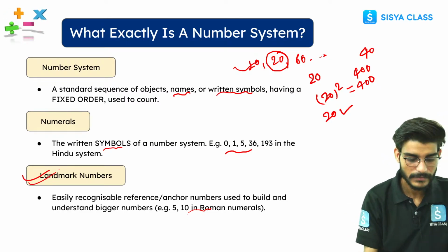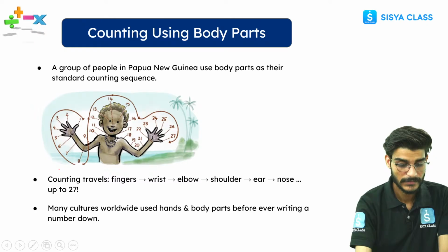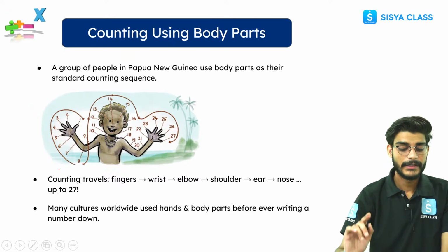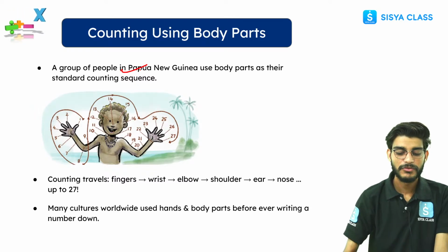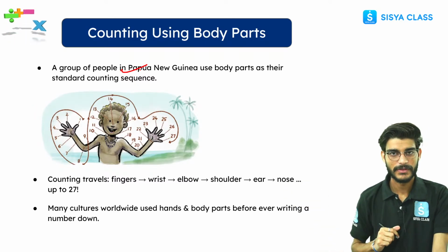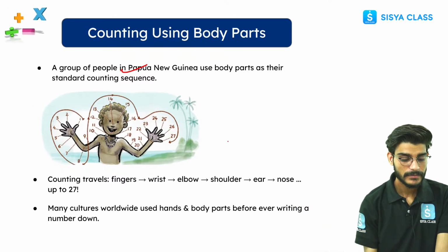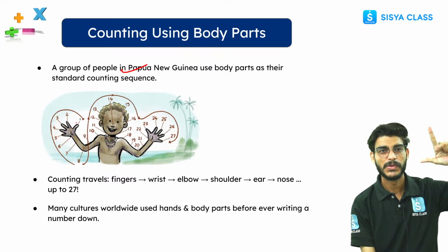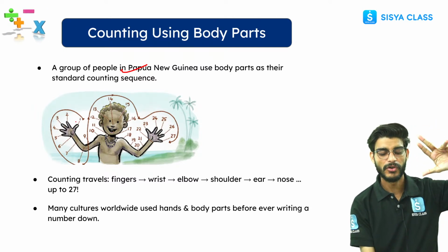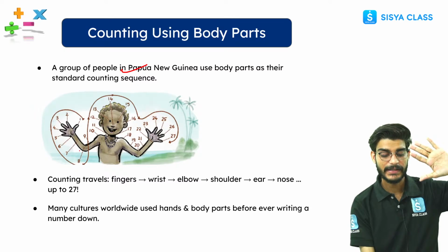Simple. Clear? Okay. There was one country, that is Papua New Guinea. They used their body parts to count the numbers. See how? In their fingers, they counted like 1, 2, 3, 4 and 5. They used their elbows as well.